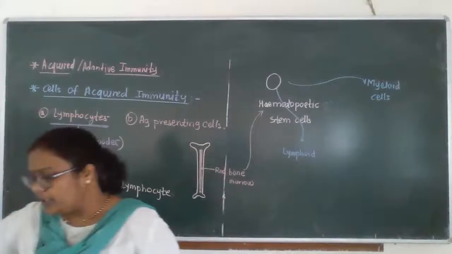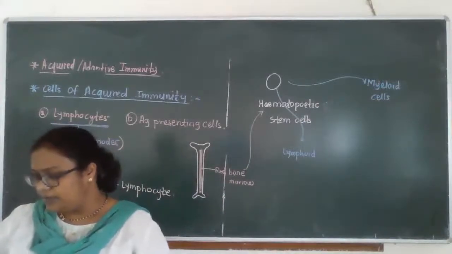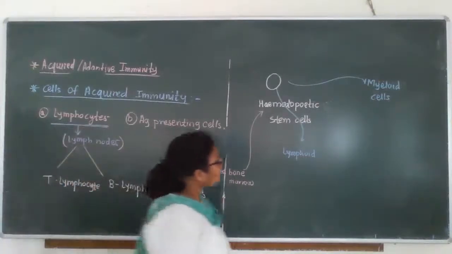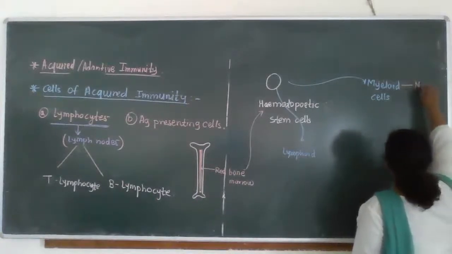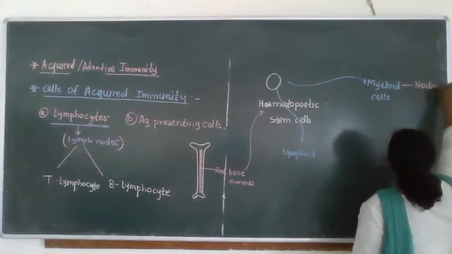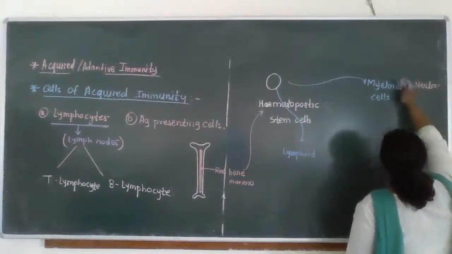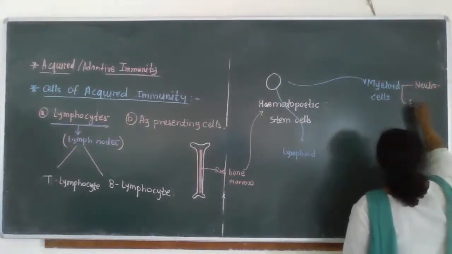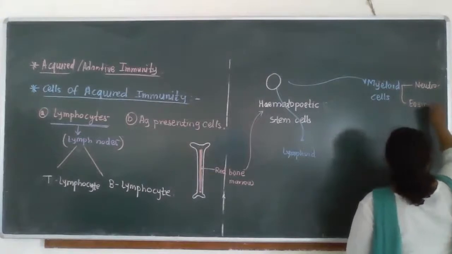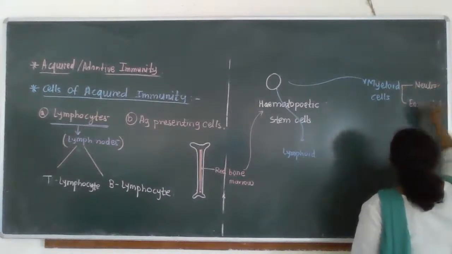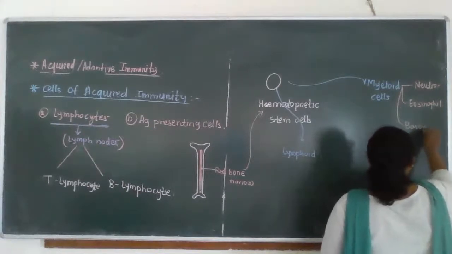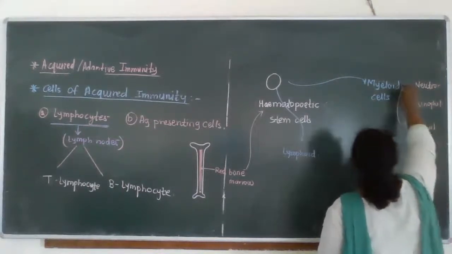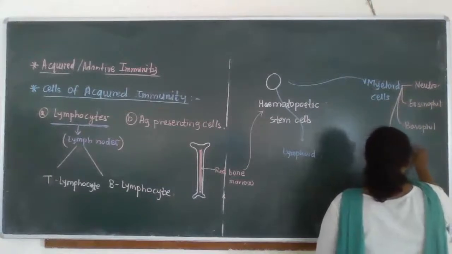Further on, these myeloid cells form our WBCs, as you know: neutrophil, eosinophil, basophil, then macrophage also.